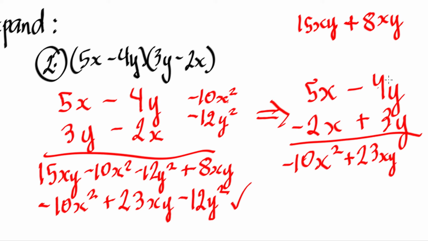And then minus 4y times positive 3y is going to give us minus 12y squared, which is pretty much the same as before. Again, if you put the like variables in the same positions, you will end up in a one-line fashion.